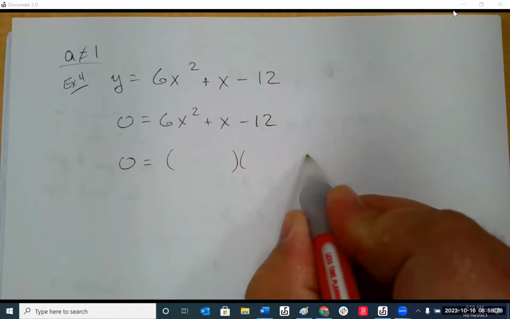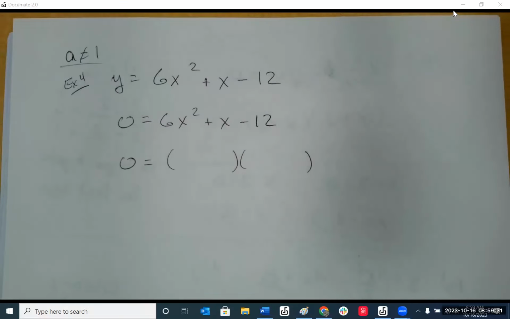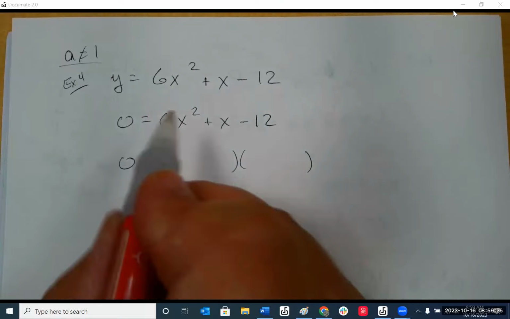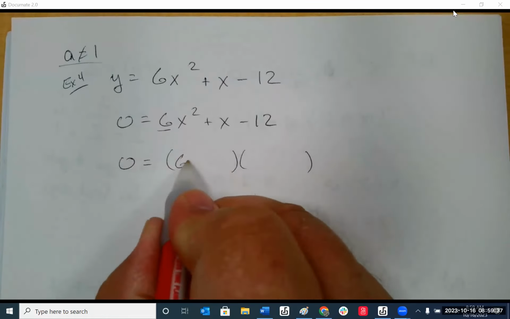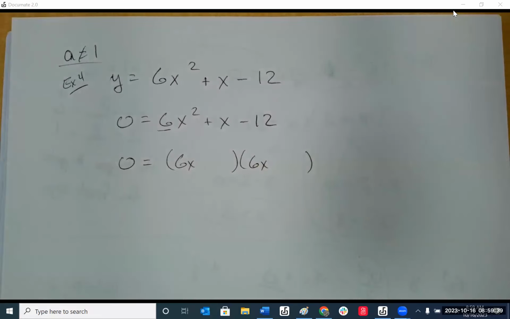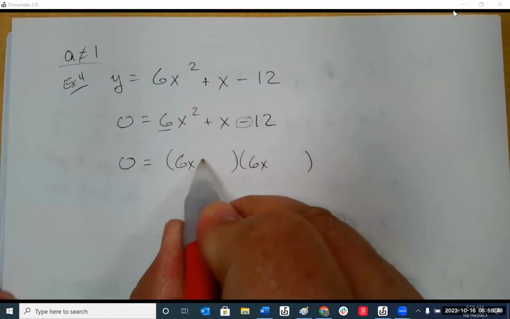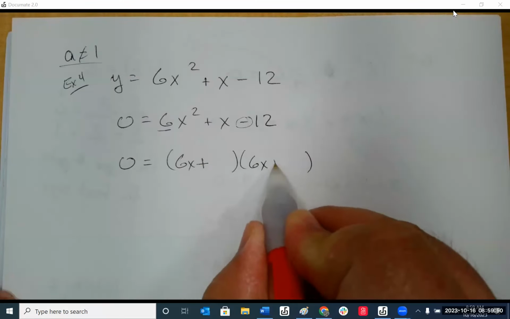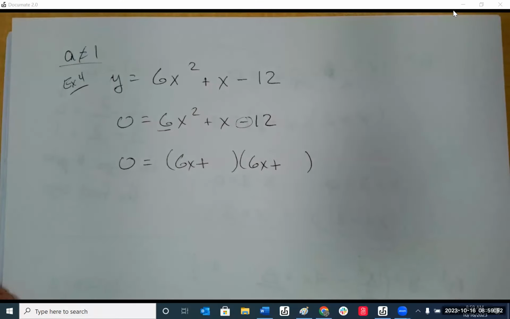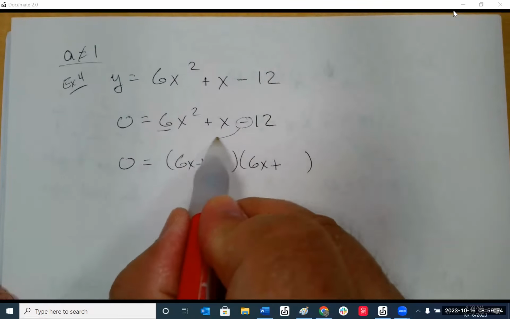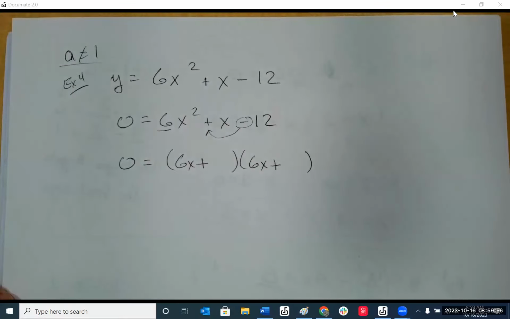Put your parentheses. Now we put 6x in both spaces. Since it's a negative, the signs are going to be different. And the bigger solution will get the positive sign.